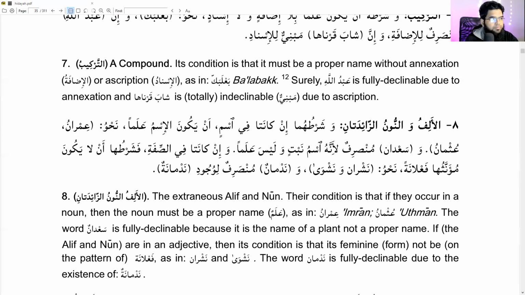Nashran. Nashara. You can choose to spread out. But you want Nashran, no? So one who spreads it out, maybe.